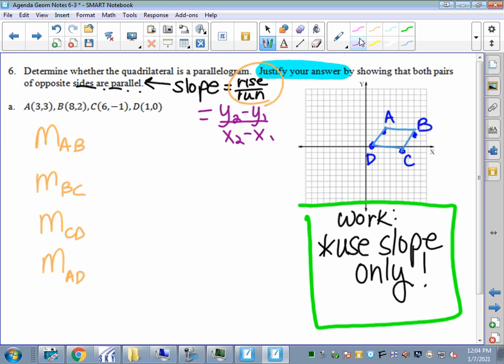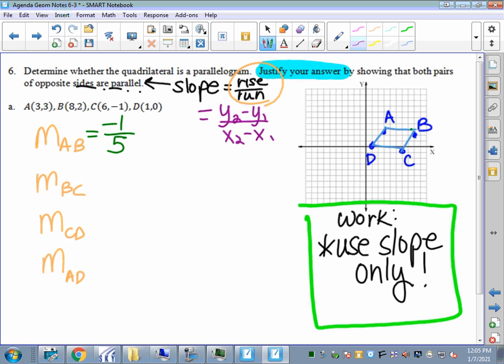All right, if I count rise over run for AB, it looks like I go down 1 and right 5. Is that right? Down 1 and 1, 2, 3, 4, 5. So down 1 and right 5.